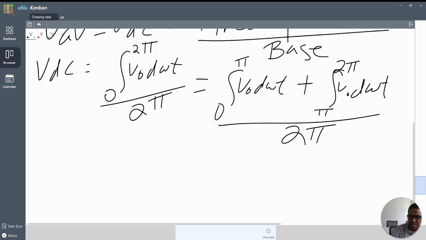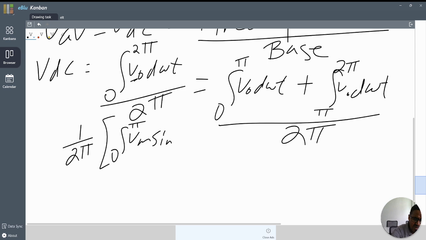Then our constant 1 over 2 pi times the integration from 0 up to pi. V out from 0 up to pi is V maximum sine omega t d omega t, plus from pi up to 2 pi V out is 0.